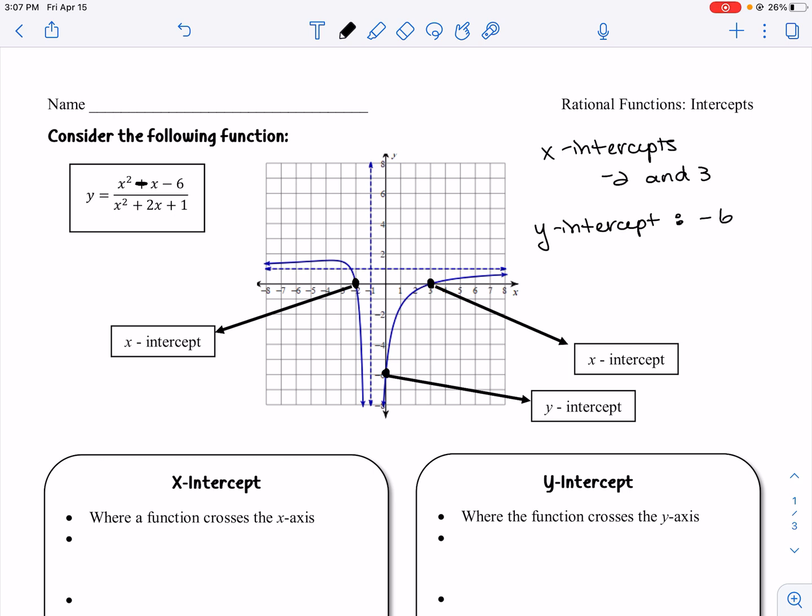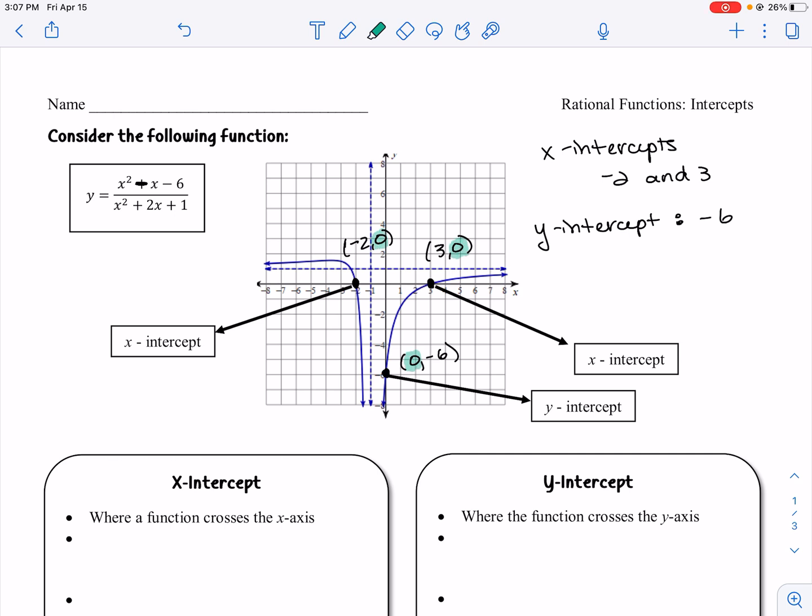If we write down the actual coordinates of these points, it's (-2, 0), (3, 0), and at the bottom here, (0, -6). One thing that they all have in common is that the other part of their coordinate is a 0.